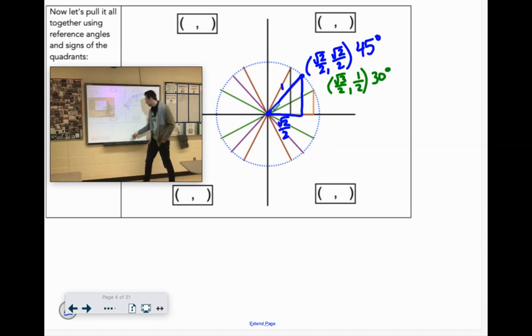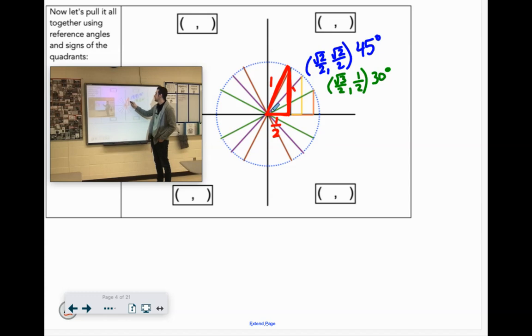And then we'll do a 60-degree angle. A 60-degree angle would be this triangle right here. So our hypotenuse is 1, which means our short side would be 1/2. And again, that's going to be like our x-coordinate because it's 1/2 to the right.